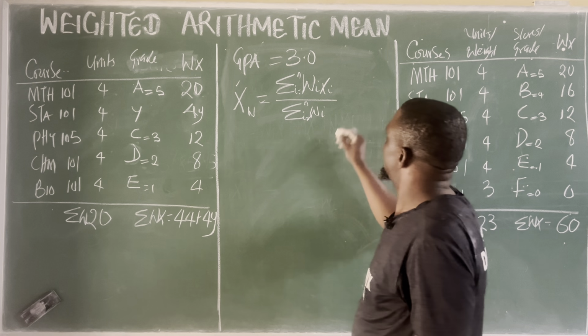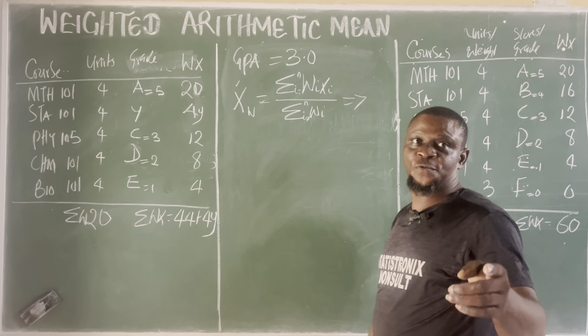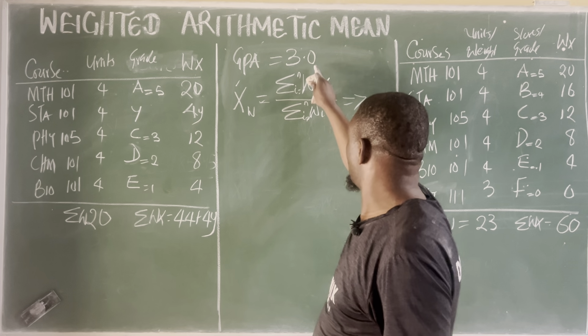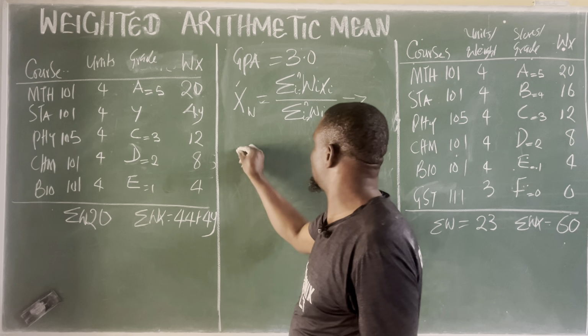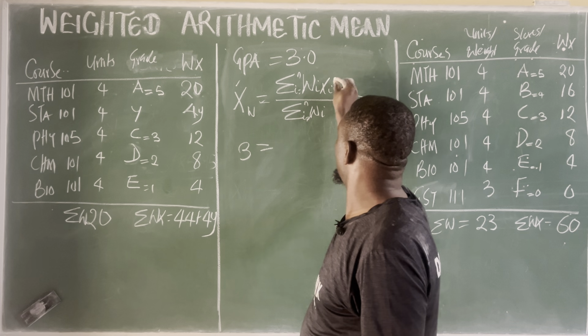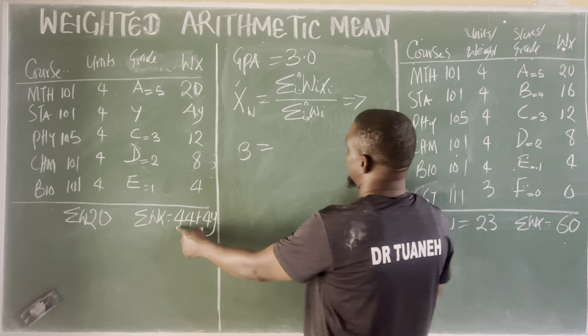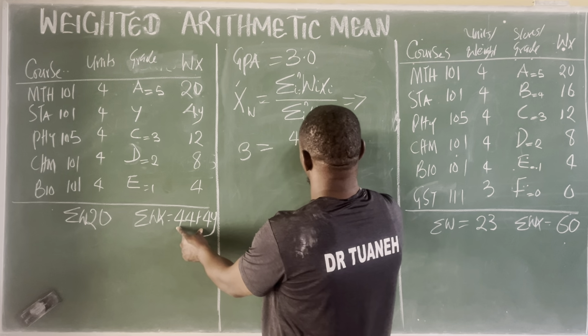So this will imply that since we're informed that the GPA is equal to 3, this is 3, and that will be equal to the whole of this numerator, which we computed as 44 plus 4y, all over the denominator, which is 20.